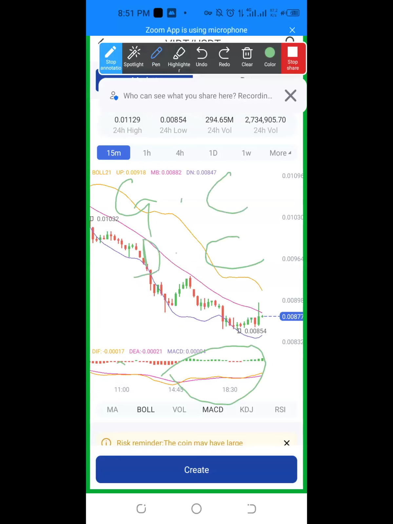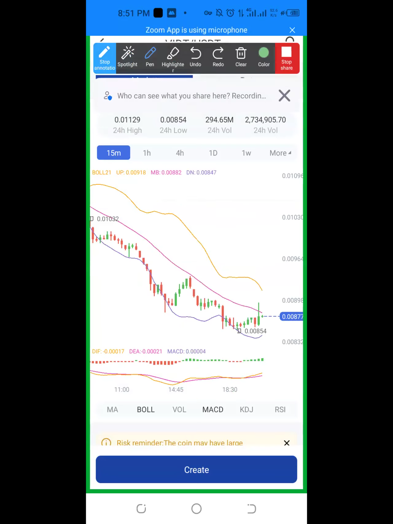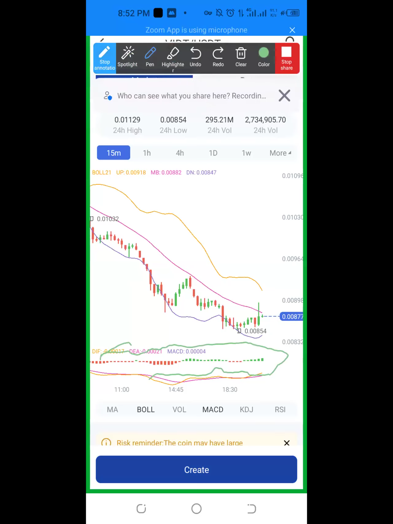The golden cross is when there is a crossover either below or above this histogram, this bar in red and green. It is only when there is a golden cross, either below or above, that you should start the trade. You can see here that it has already done the golden cross.